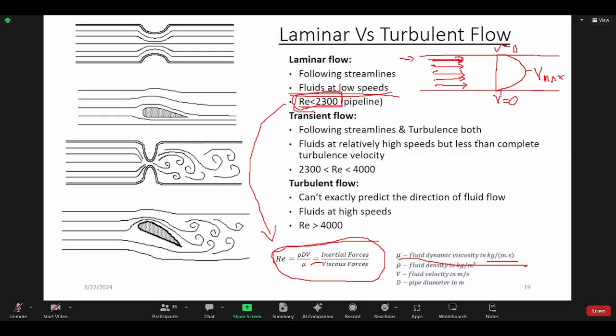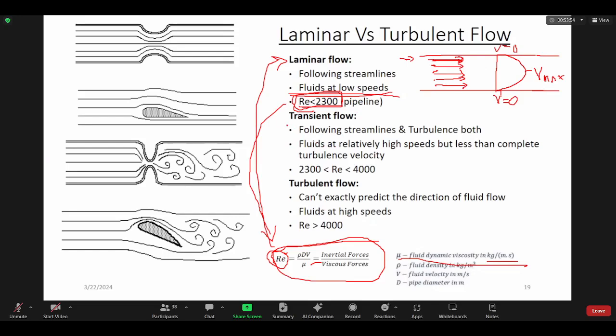According to the Reynolds number, we can identify whether the flow is laminar, turbulent, or transient flow. I will give some examples after completing this lecture to find this using the Reynolds number.